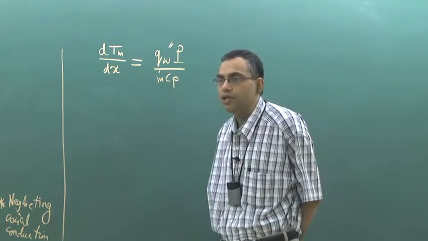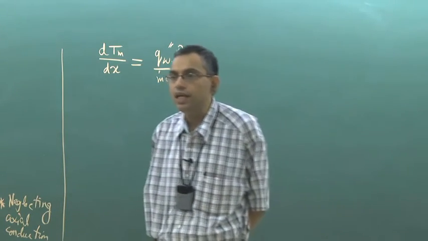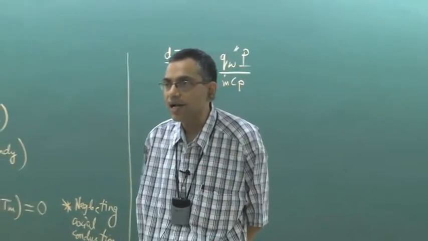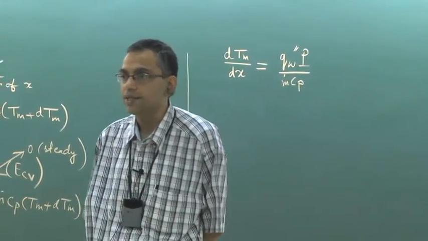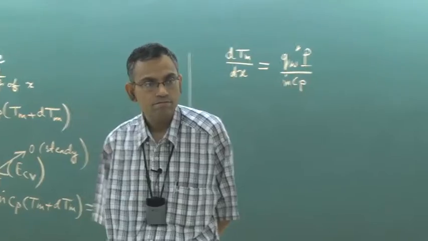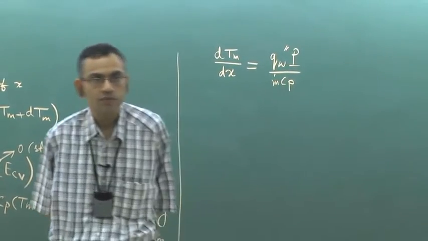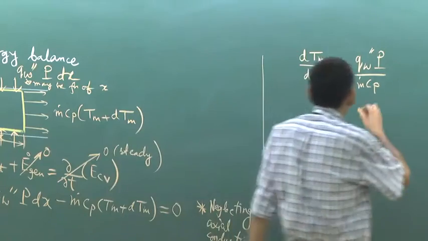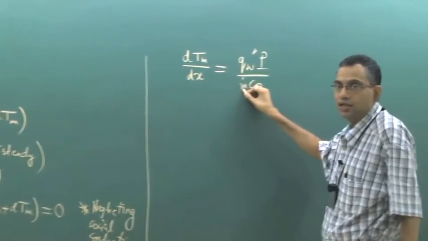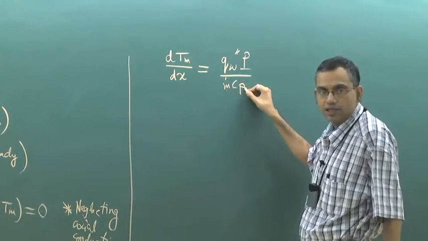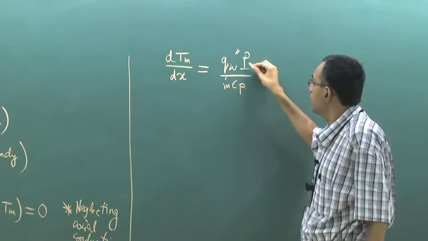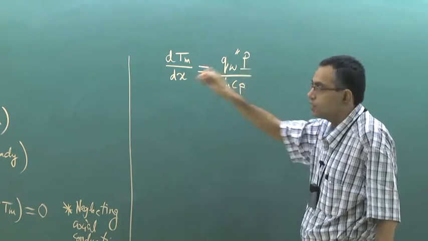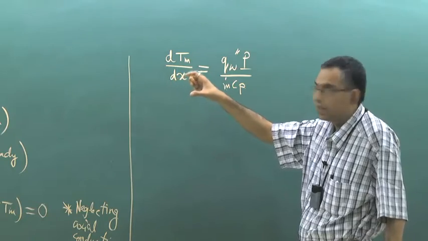Can you tell from here that dTm dx is constant if wall heat flux is constant? Yes or no? Yes, because for steady flow rate m dot is constant, we assume that the properties are constant, and the perimeter of the cross section is a constant for the geometry that we are considering.